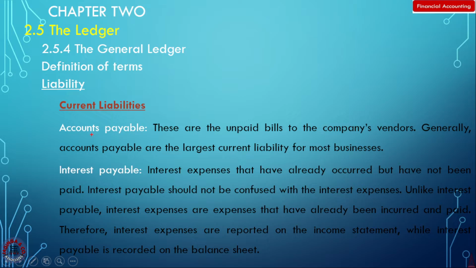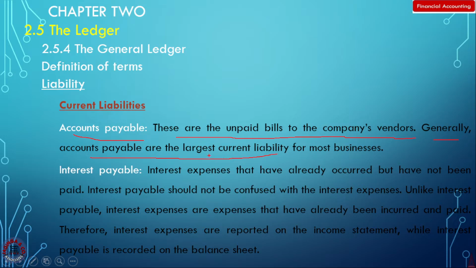The 60 days or the 30 days are within 1 year, so we call them current liabilities. So here we are saying that these are unpaid bills to the company's vendors. Generally, accounts payable are the largest current liability for most businesses.